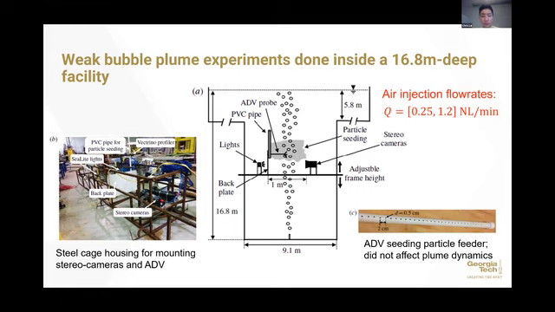For us to get a good signal for the ADV, we make this ADV seeding particle feeder that is placed in the area where we would find the bubble plume, and then we inject seeding particles to the region of measurement so that we can get a strong velocity signal. With our analysis, we find that the secondary current generated by this feeder is negligible and will not affect the dynamics of the rising plume.